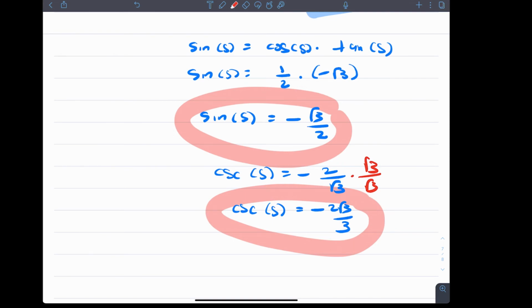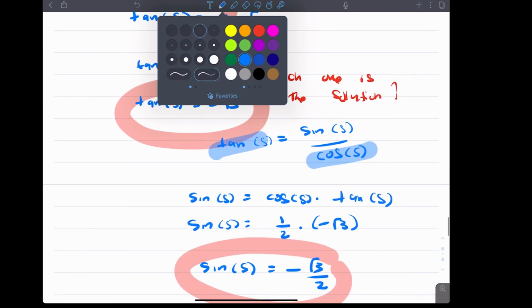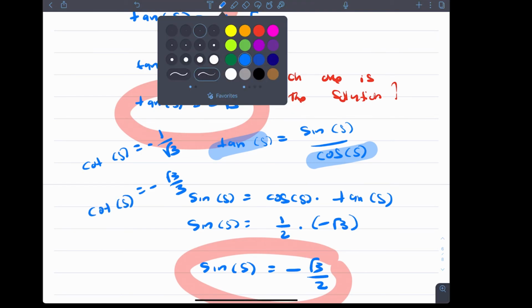What did I just do? Yeah. Sine, cosecant. What about this? What about cotangent? It's negative 1 over the square root of 3. Is that right? Which would be negative square root of 3 over 3. How do we get that?